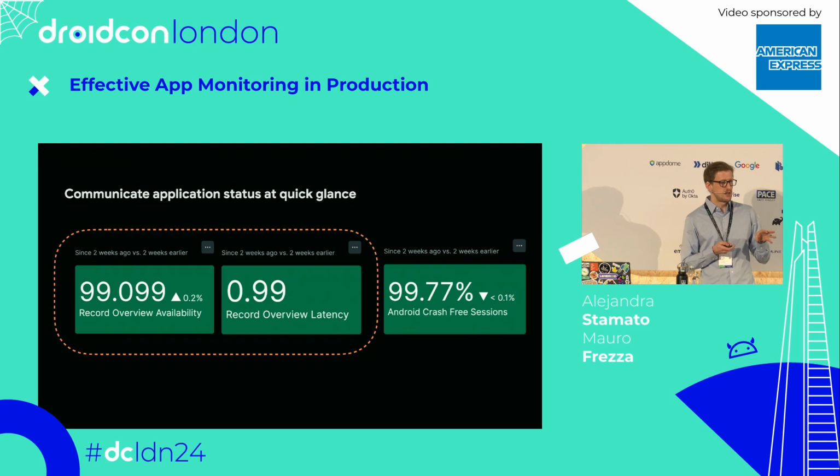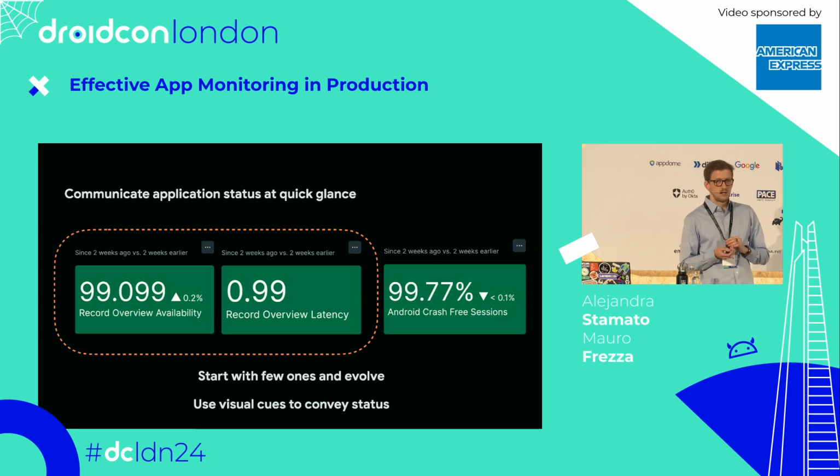These are some examples of our KPIs, and you can see we have the record overview availability. So we define, okay, for us, that feature is very important, so we need to be sure that the availability and the latency on that feature is kept to 99%. And so we define very few KPIs related to product functionalities, and we keep monitoring them.